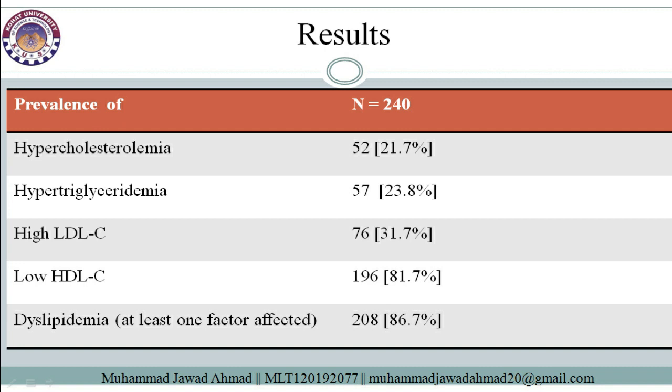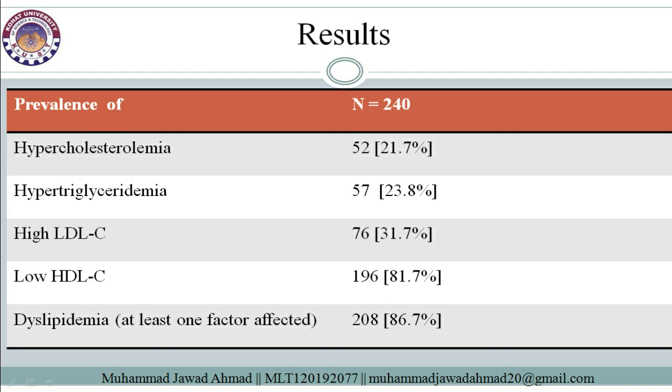This table is representing the prevalence on one side, and on the other column the number of students along with their percentages. The first row is representing that hypercholesterolemia is present in 52 students, which is 21.7%, and hypertriglyceridemia is seen in 57 students, that is 23.8%.